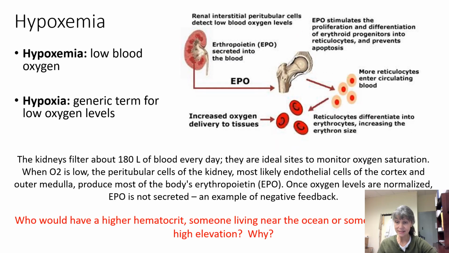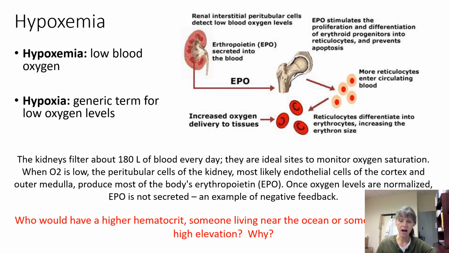The term hypoxemia refers specifically to low levels of oxygen in the blood. Hypoxia is a generic term for low oxygen levels. And knowing that the kidneys filter our blood 24 hours a day, 7 days a week, which ends up being about 180 liters of blood every day, those are really good organs for monitoring the percent saturation of oxygen in the bloodstream.